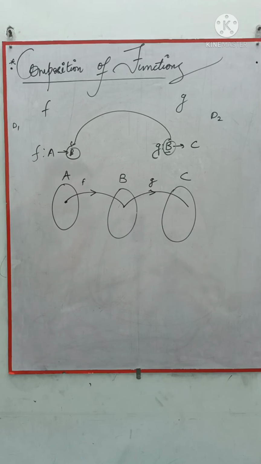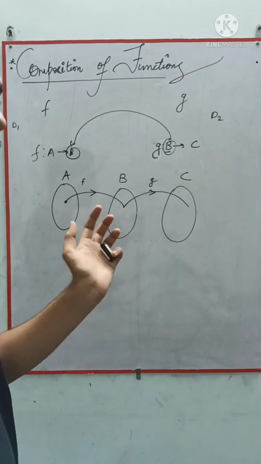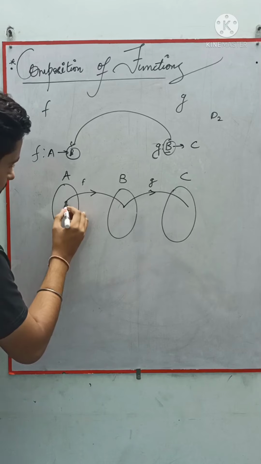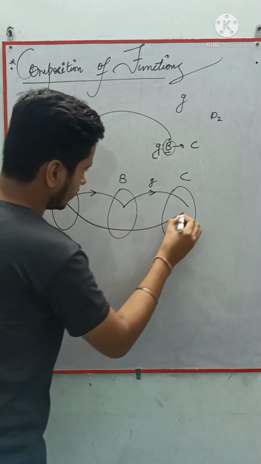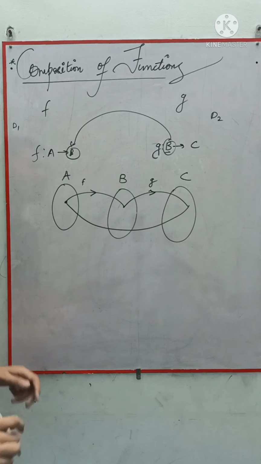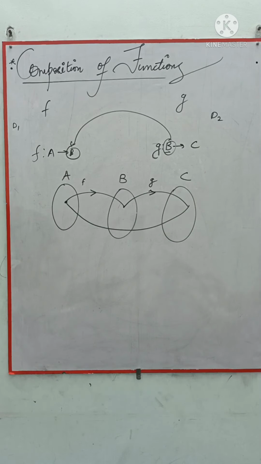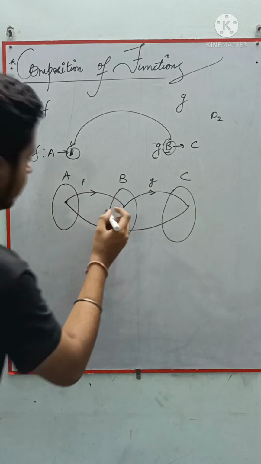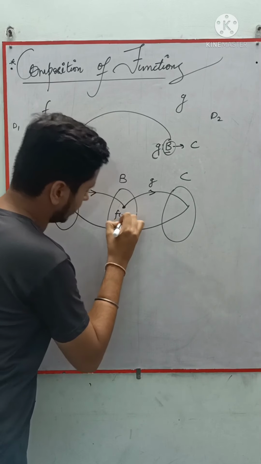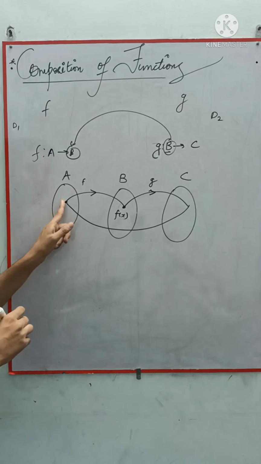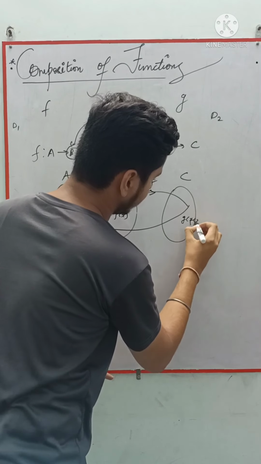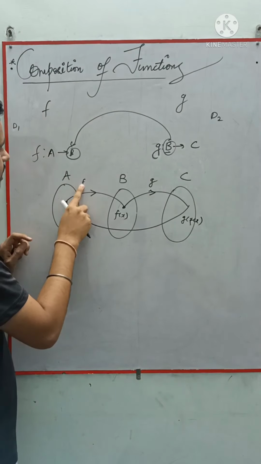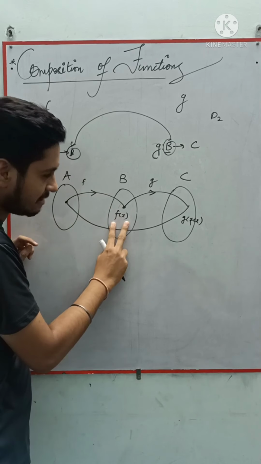Now how do they combine, how do they mix? So here if you can see, this can be connected over here. If this is some f(x), so f takes A to B, then here g of f(x), because the function is from A to B, so it becomes f(x).